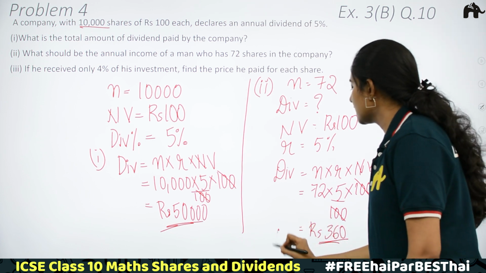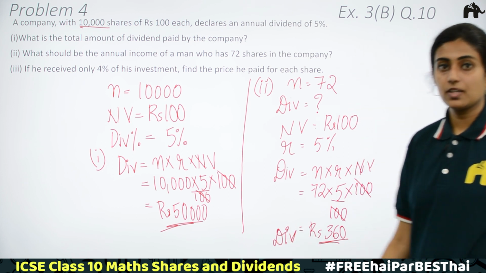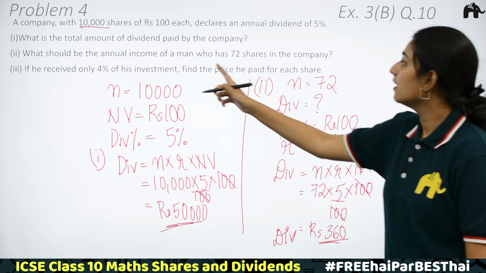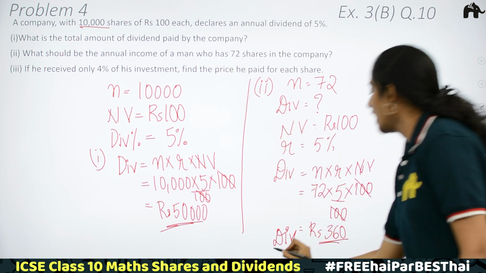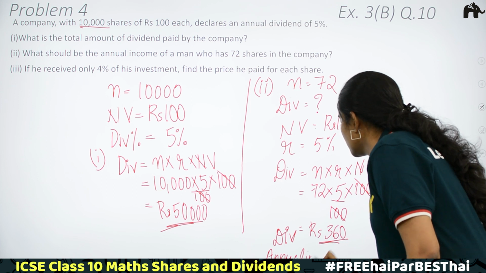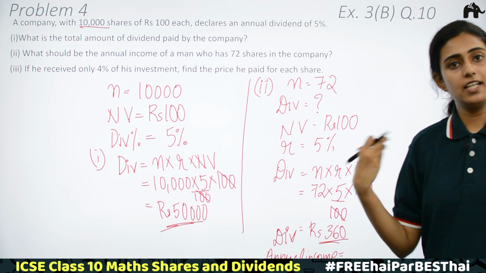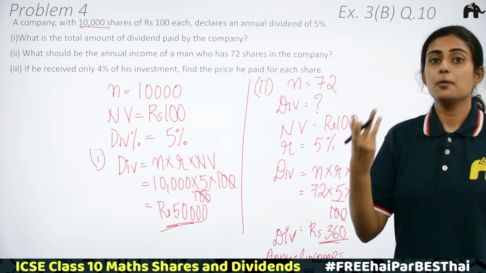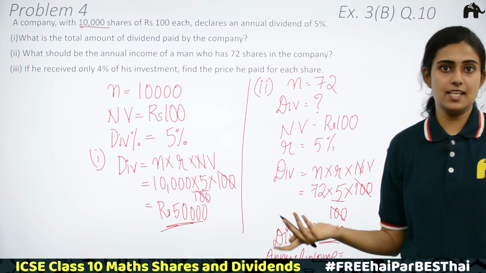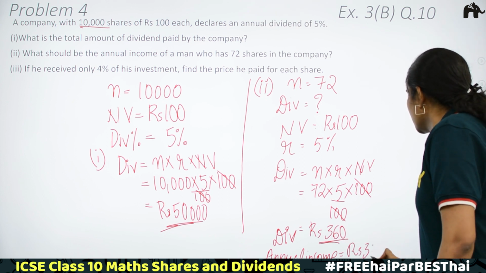Rupees 360 is the dividend here. Dividend or annual income. You should never forget this: annual income and dividend are the same. Income, profit, return are the same. Annual income is equal to rupees 360.